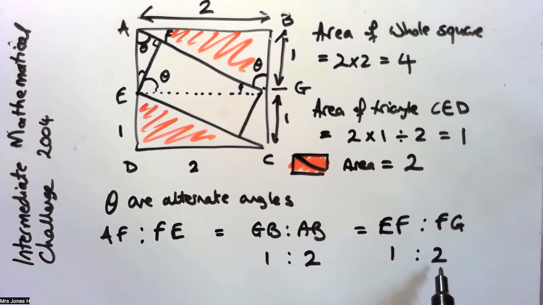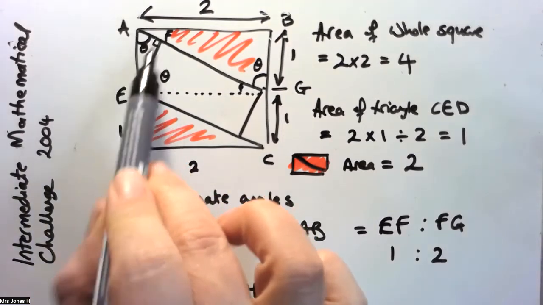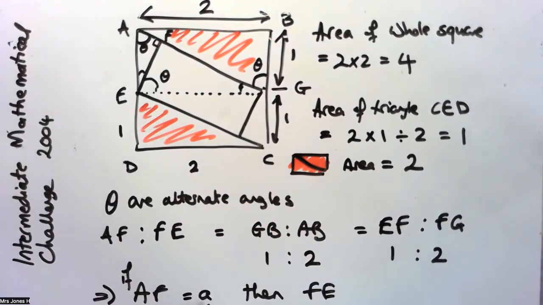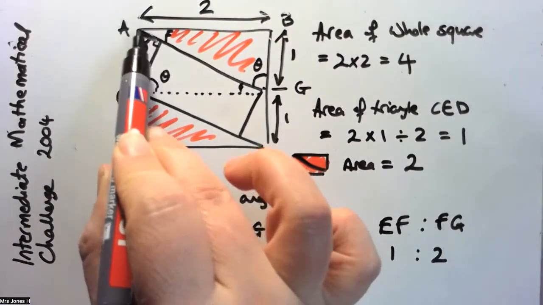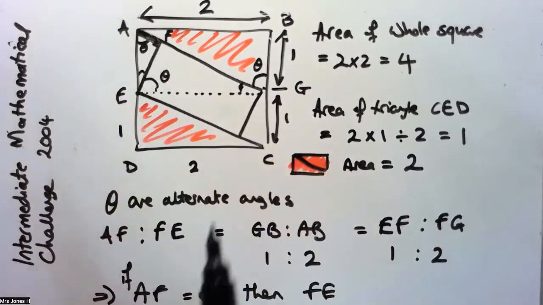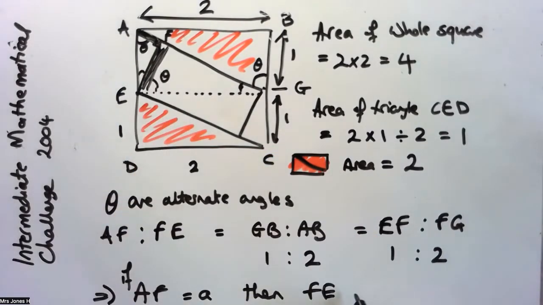So now we know that ratio, we can say that if A to F equals A, then F to E, so that's A to F, F to E. If A to F is A, so we're just going to call that dimension there, this bit just here, we're going to call A, then F E here is going to be 2A because it's in the ratio of 1 to 2.